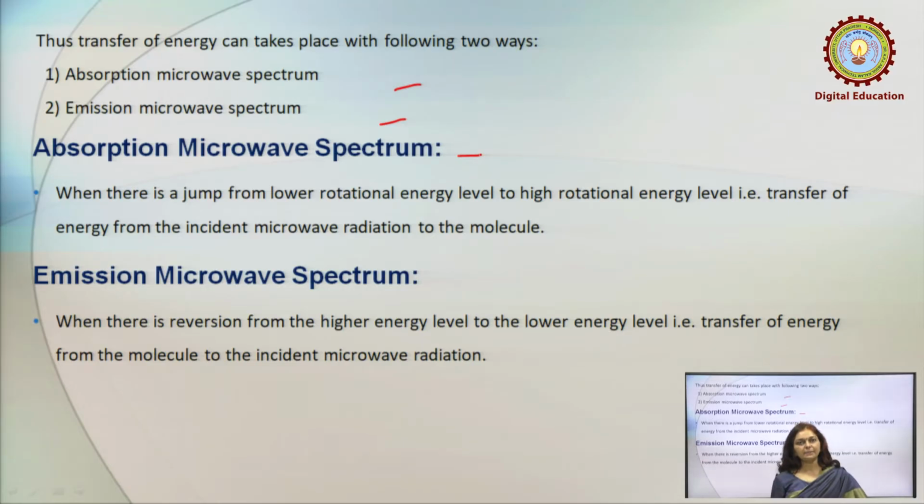The second type is emission microwave spectrum, when there is a reversion from the higher energy level to the lower energy level, that is transfer of energy from the molecule to the incident microwave radiation.